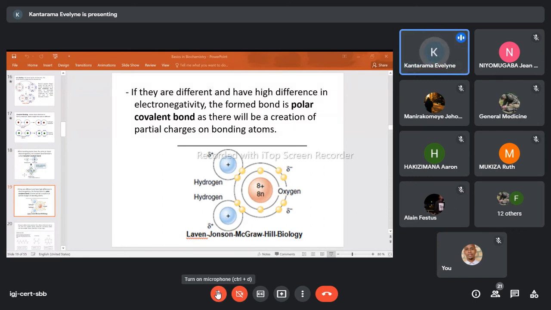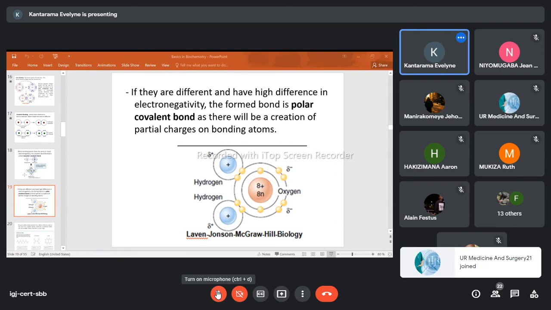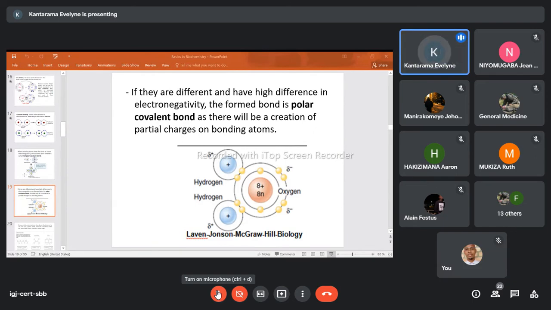Important bonds found in biological molecules: here we have hydrogen bonds, van der Waals forces, hydrophobic interactions, and electrostatic interactions. Generally, for important interactions between molecules, here our interest is in biological molecules.